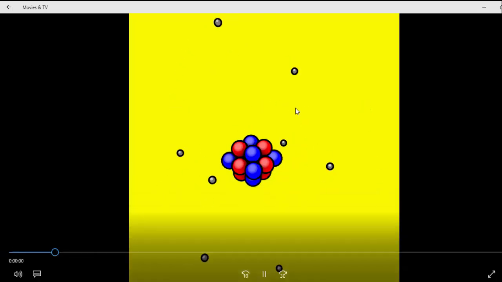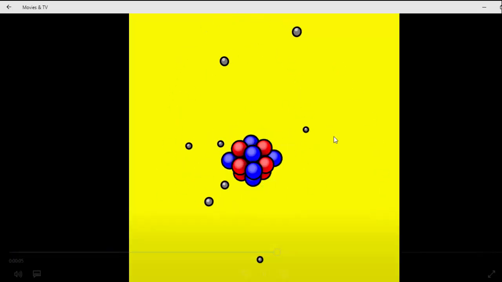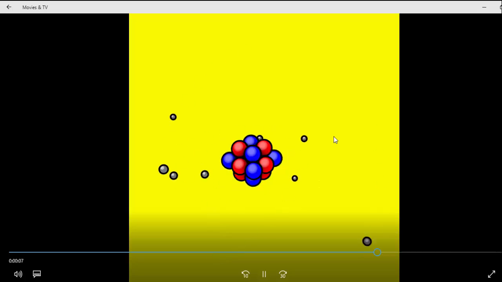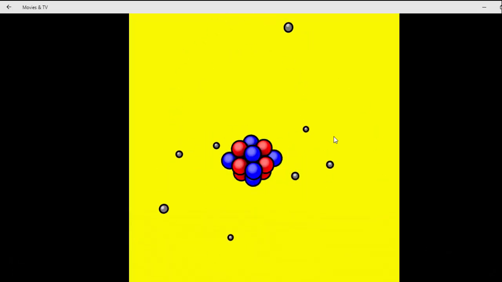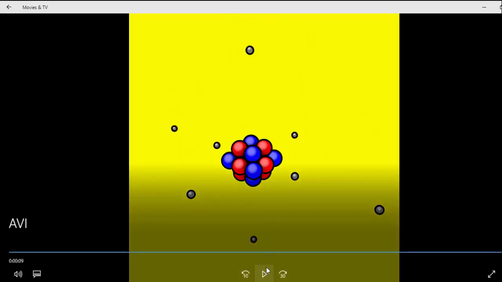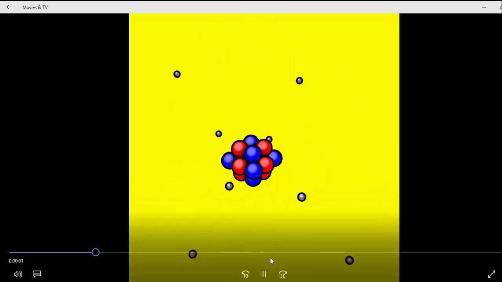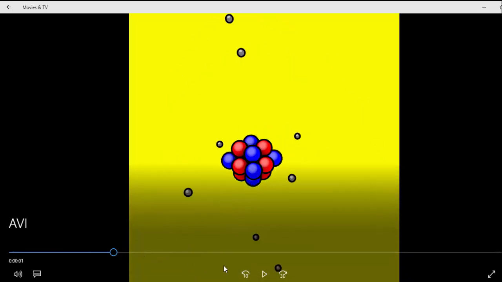Electrons are orbiting the nucleus all the time, and they are most of the time equally arranged around the nucleus. Let's take some examples here. You can see that electrons are equally distributed.